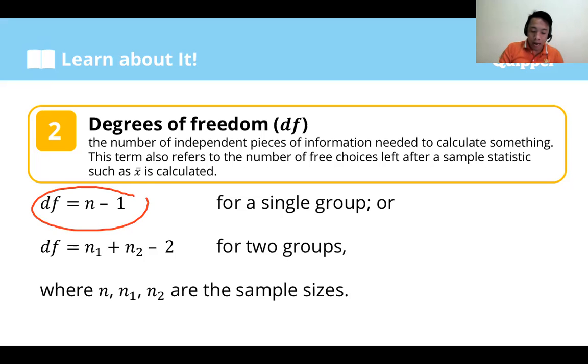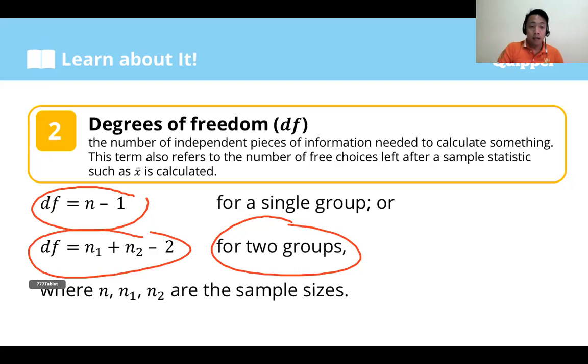Then, if we have two groups, kumbaga two na sample size, or two sample data, we will use this formula. Okay, so data 1 plus data 2, the sum of those two will be minus by 2.